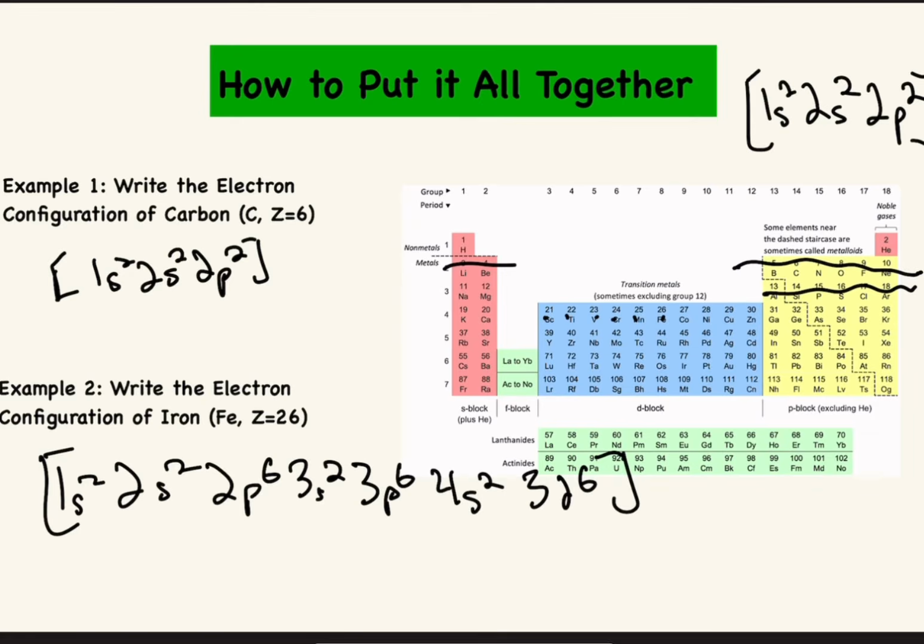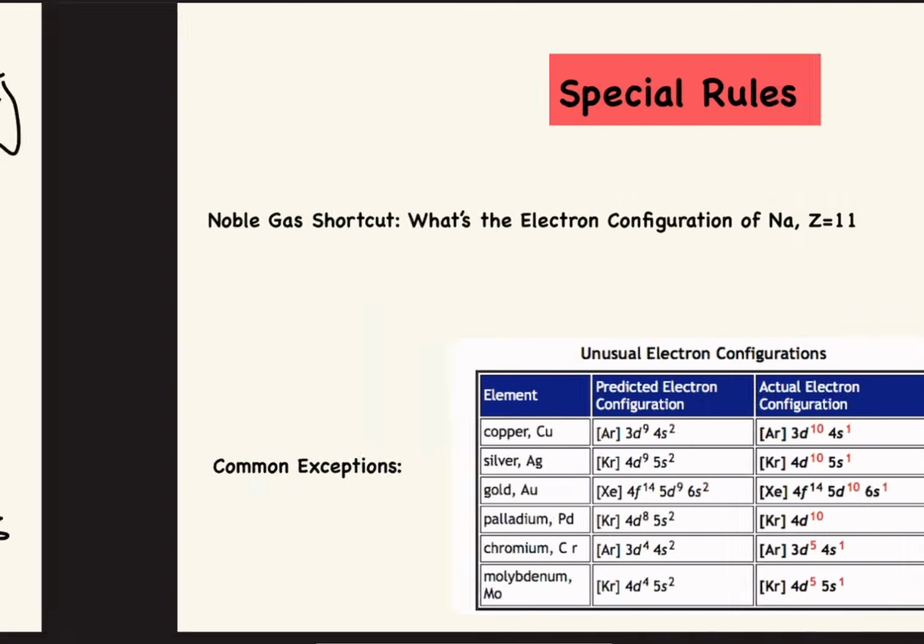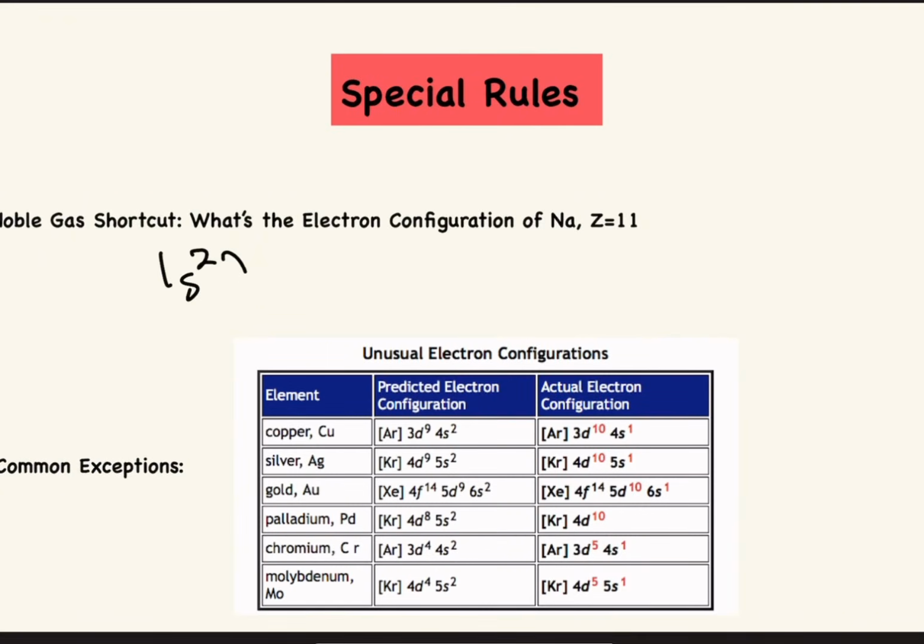So we can do 1s2, right? And then we have this second group, which is going to be 2s2, 2p6. And then we have sodium right there. So we know it's going to be 1s2, 2s2, 2p6, and then it would be 3s1, right?